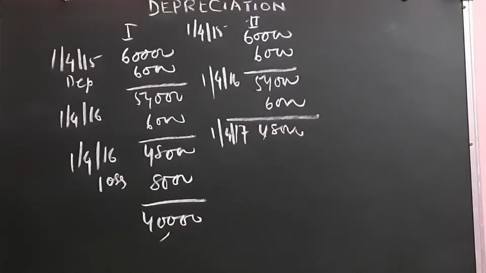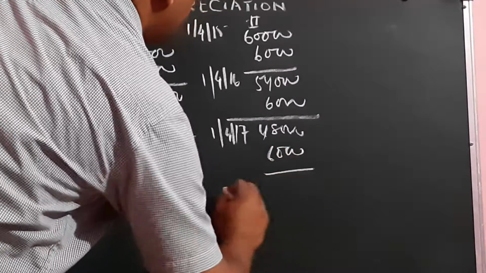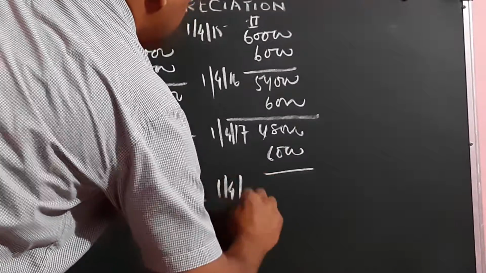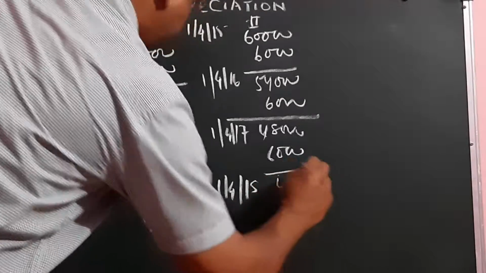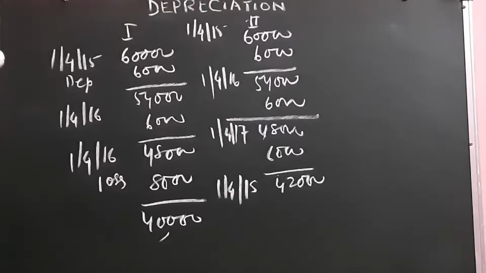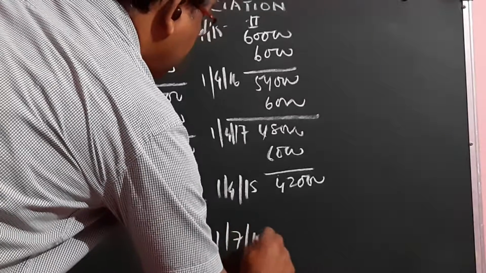So 48,000, and again 6,000 we have to charge, so on 1st April 2018 it will be 42,000. And this machine was sold on 1st July 2018.